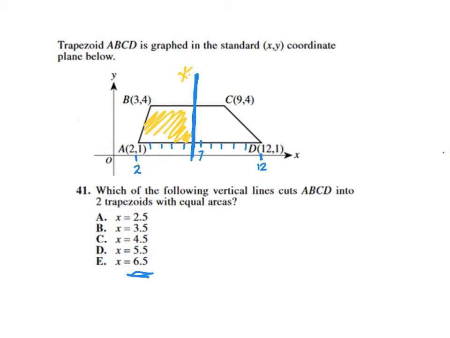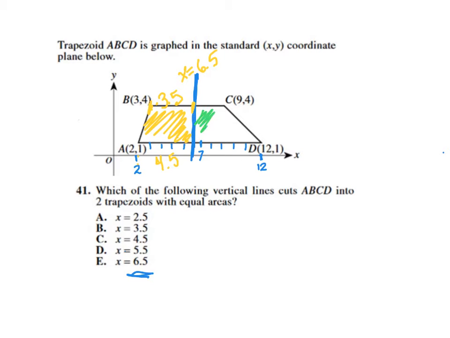This will be x equals 6.5. So from 2 to 6.5, that gives me a base there of 4.5. The upper base, I start at x coordinate 3 and go to 6.5. So that gives me an upper base of length 3.5.